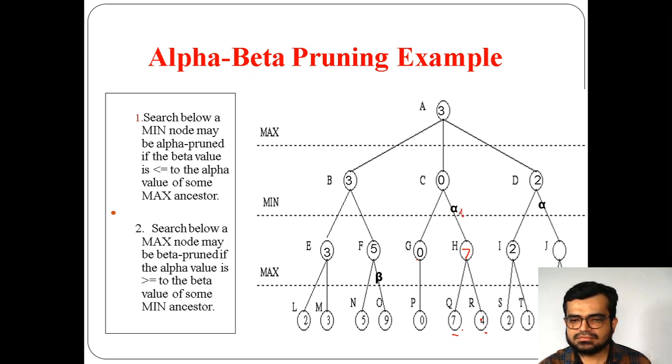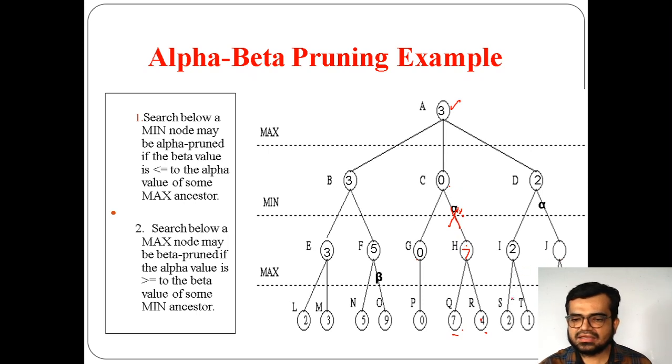So here I perform the pruning process. No need of visiting this one. Why? Because even if I take 7 here also, it is getting 0 only. So is there any impact here? It is getting 3 only, right? So that's why we are pruning this one.